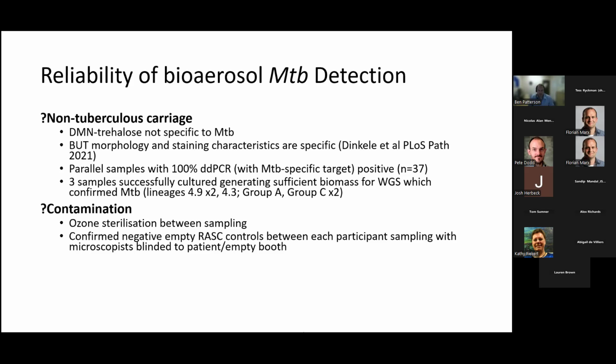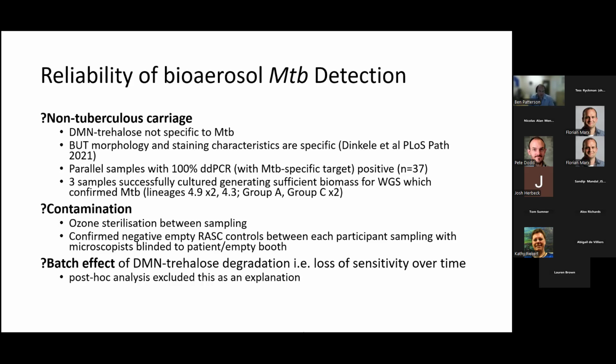And then in order to ensure that we weren't having carryover, we put in place sterilization between every sampling, and then had negative chamber controls between each participant that was sampled, and then a blinding for the microscopist as to whether they were looking at a patient or an empty booth.